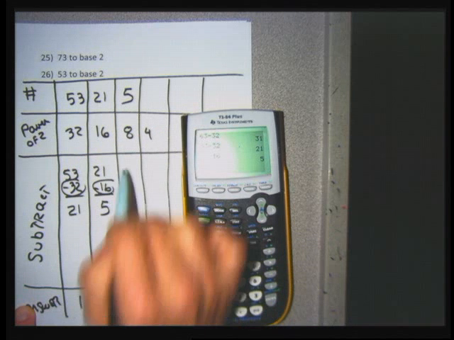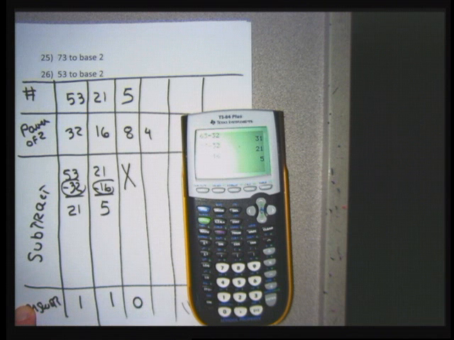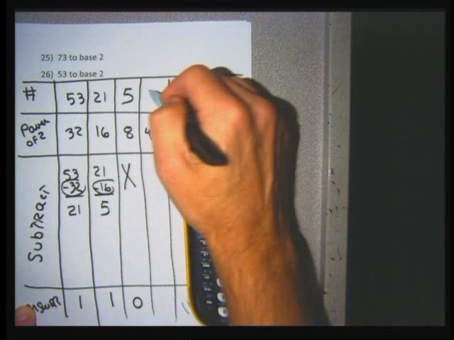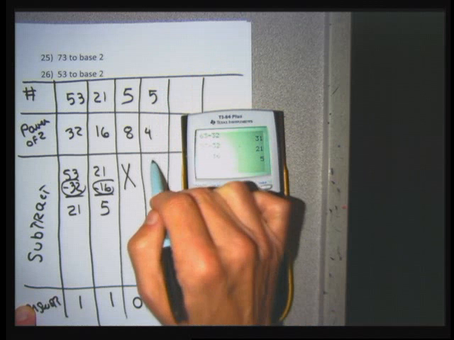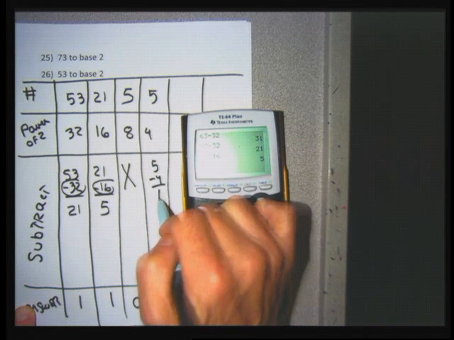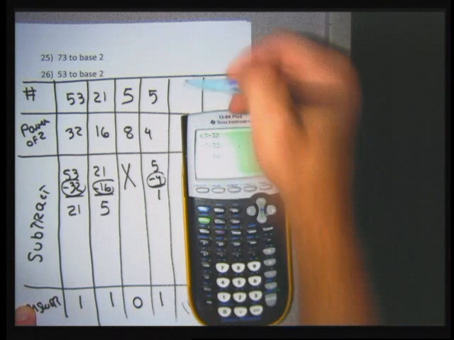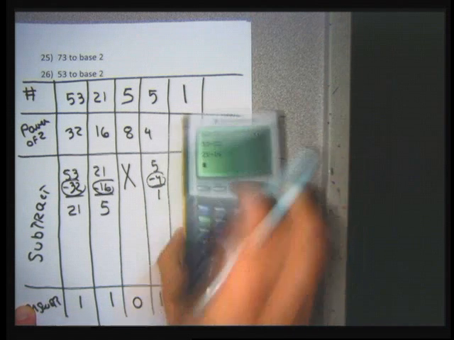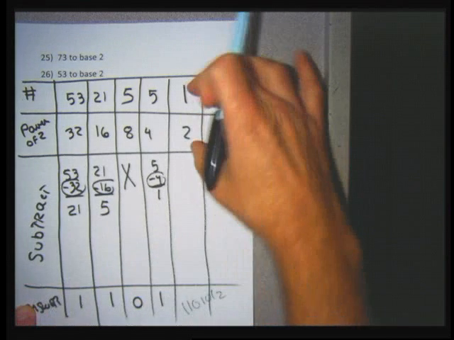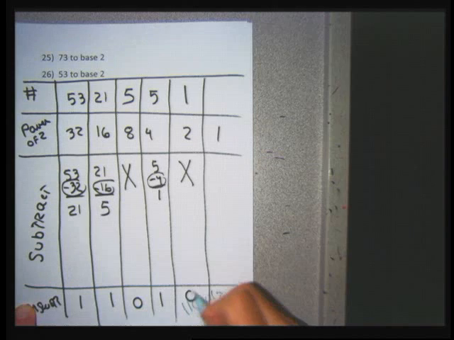5 minus 8 is negative, so I can't do that. I'm not allowed to get a negative, so I get a 0 there. Carry over my 5. 5 minus 4 is 1. Done subtracting. Write a 1 down low, carry my 1 over. I can't go 1 minus 2 because it's negative, so I get a 0 here.